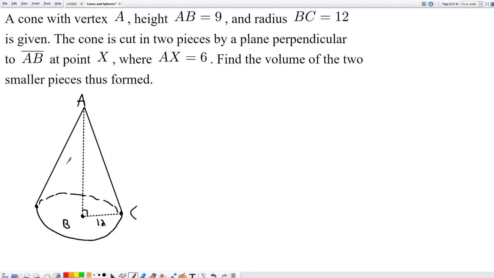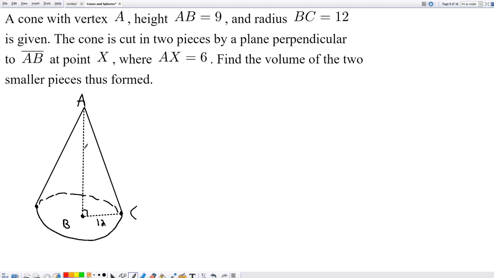Now, after that, the cone is cut in two pieces by a plane perpendicular to AB at point X. So we have our cone, and a plane is going to cut it horizontally because that would be perpendicular, a 90-degree angle.